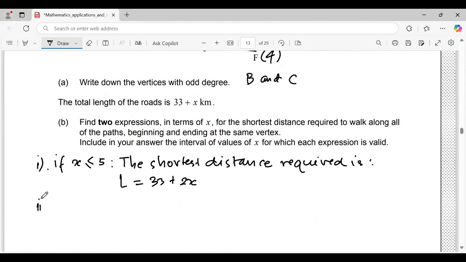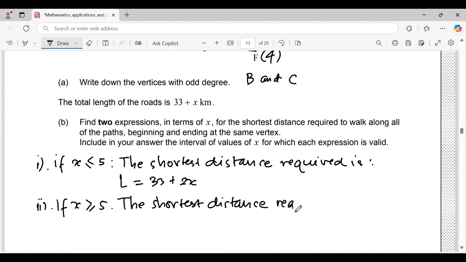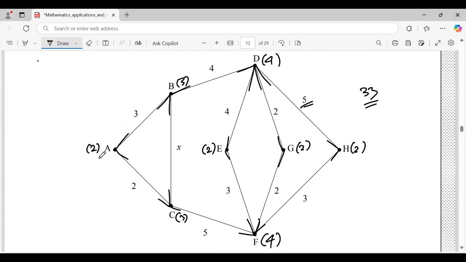The second, if x is greater than or equal to 5, the shortest distance required is L equal to 33, and look at this triangle, this part.